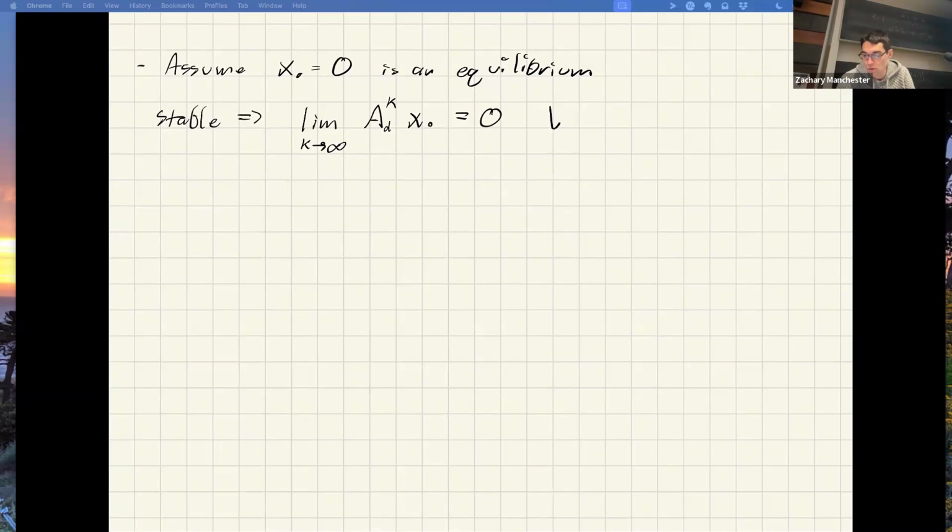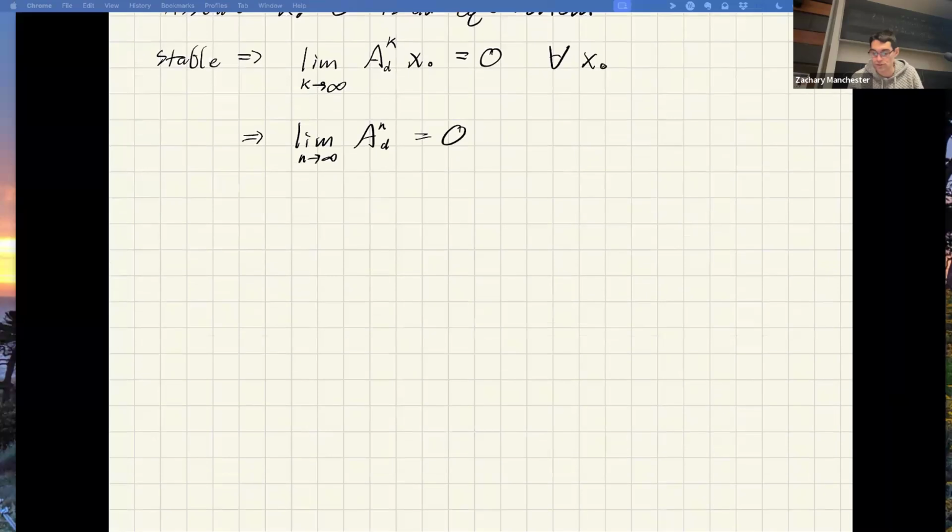And this has to be true for any x naught for this thing to be stable. It means I'm going to the origin asymptotically. So if that has to be true for any x naught, it has to be true for the A matrix. What we're really saying is that the limit as k goes to infinity of A to the k has to be 0.